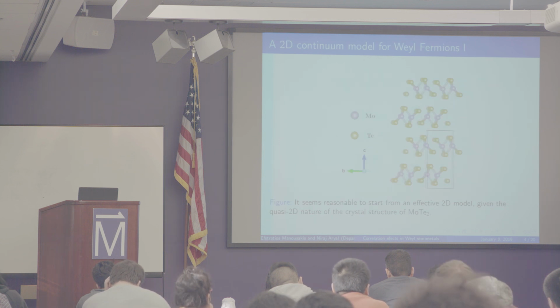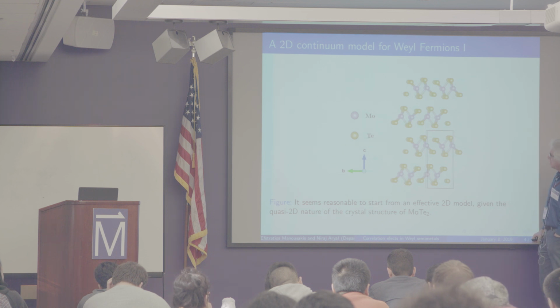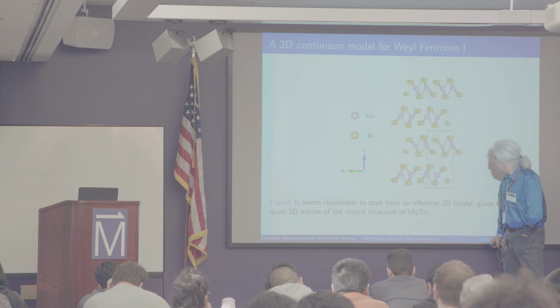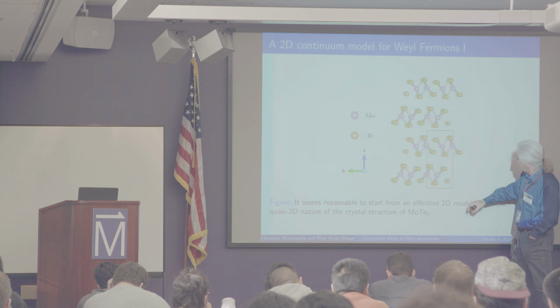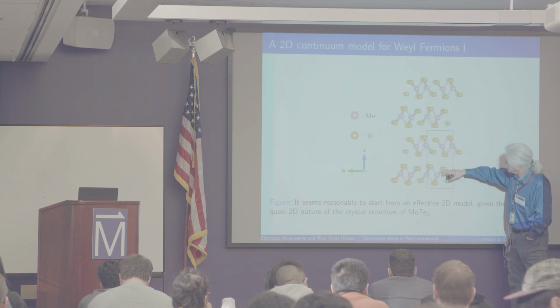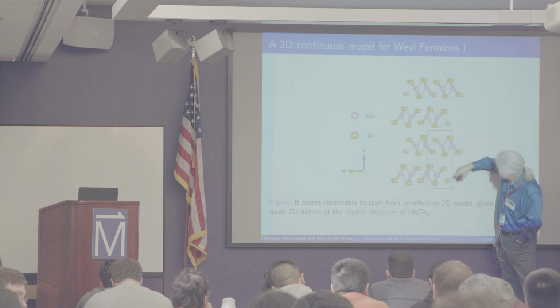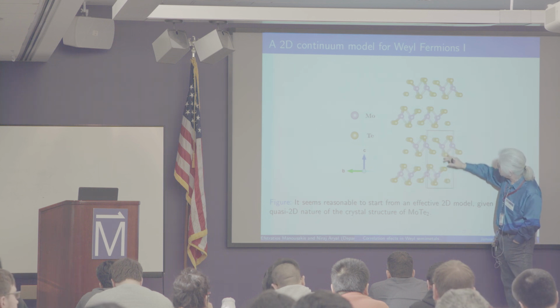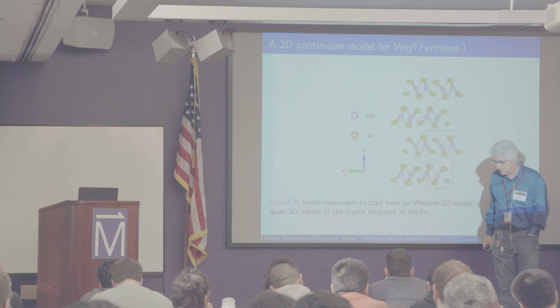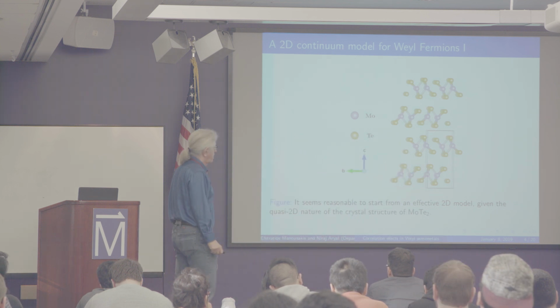So as I said, this is the lattice structure of this TD phase, this orthorhombic phase of molybdenum ditelluride, and the unit cell is orthorhombic, and the unit cell has 2 layers inside, and they are related in such a way that there is inversion symmetry broken along the z-axis.